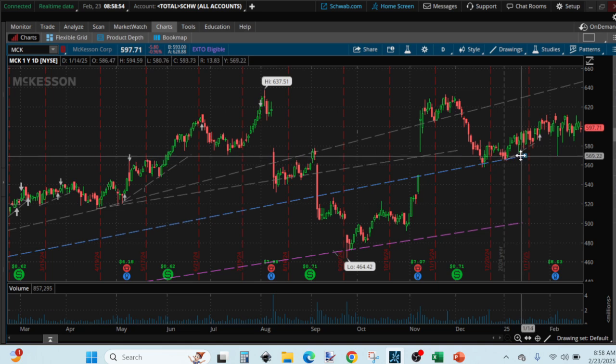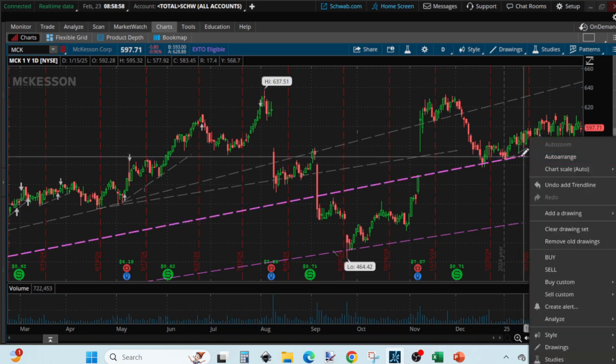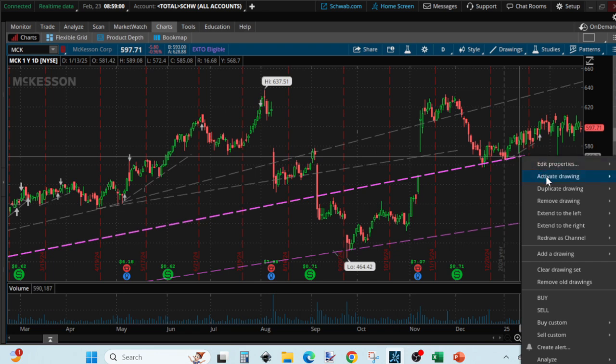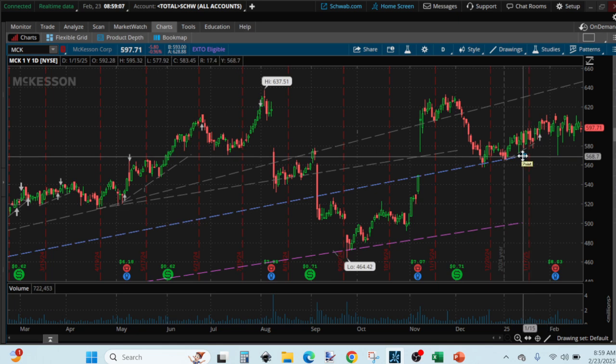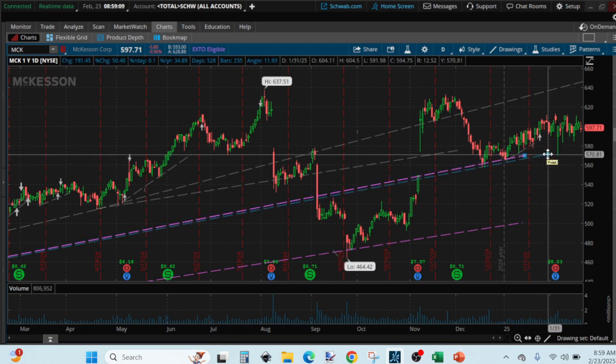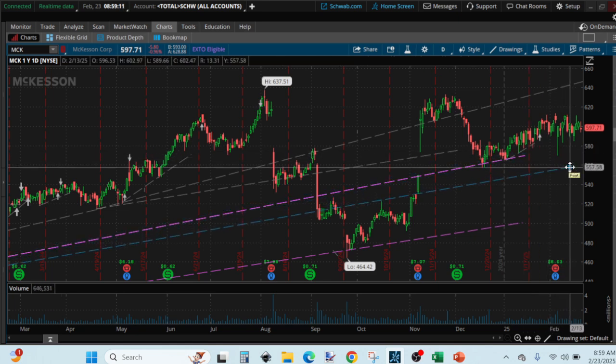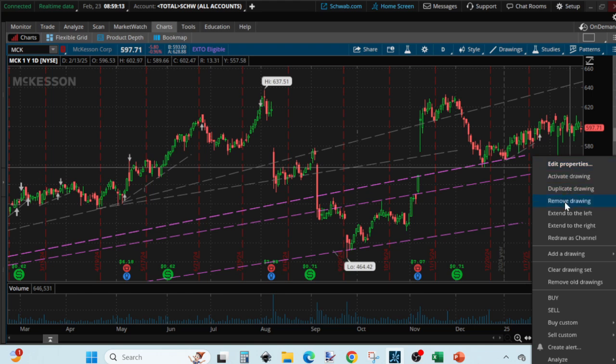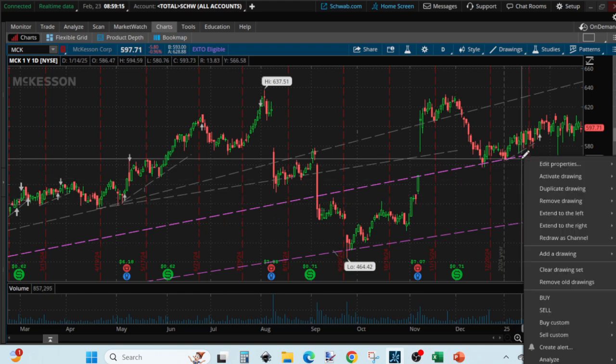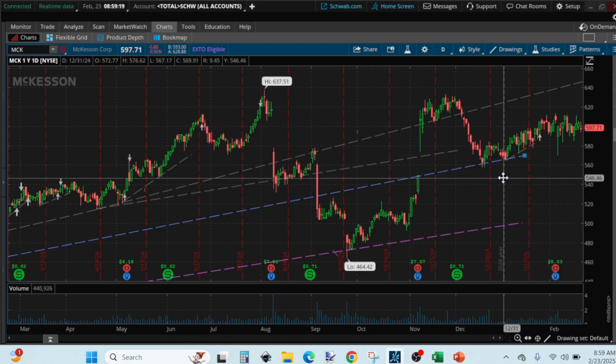Oh, I duplicated it. I didn't want to duplicate it, but okay, so let's see. Let me pull this down and remove it. I just want to activate it.